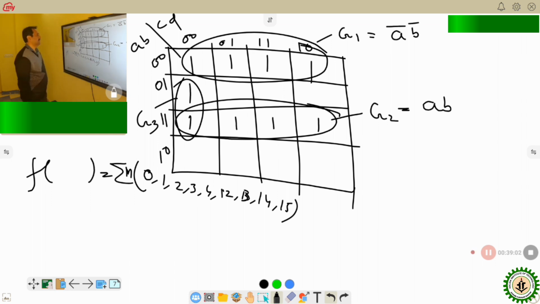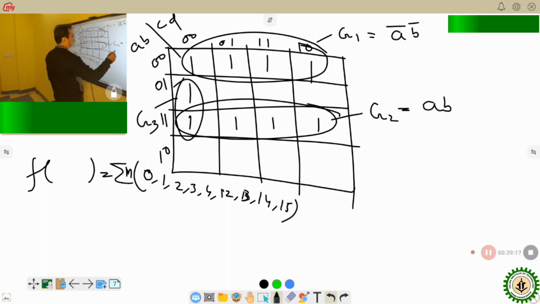And now if I consider group 3, the possible combination is that C D is unchanged and B is unchanged. In group 3, B is unchanged from 1 to 1, so that is why this is B, and another unchanged is C bar.